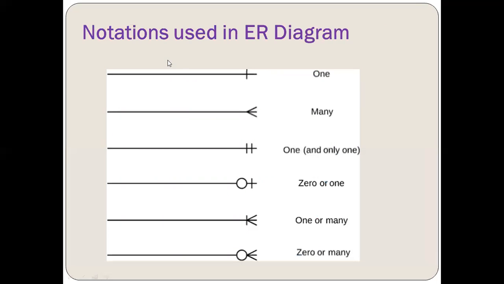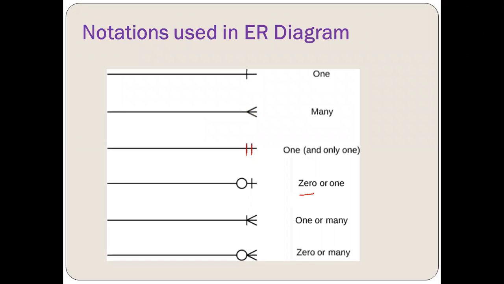These are the notations for relationships. This is for a one-to-one relationship, and this is a one-to-many relationship. It is shown this way. One teacher teaches many students, right? One student can be enrolled for one course. One and only one means this is mandatory, only one relationship can exist.